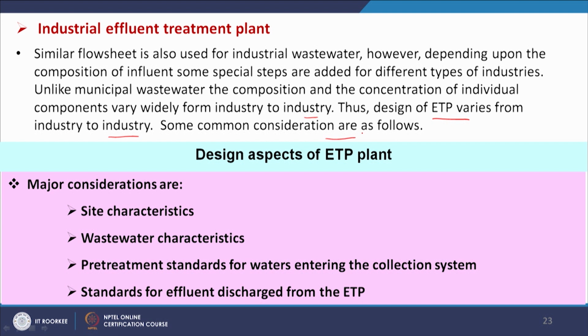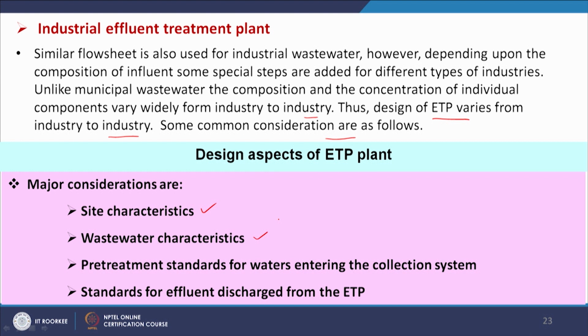Some common considerations are as follows. If we are assigned to suggest some industry for the design or installation of an ETP, then we need to consider some facts. For example, we have to consider the site characteristics and the wastewater characteristics.